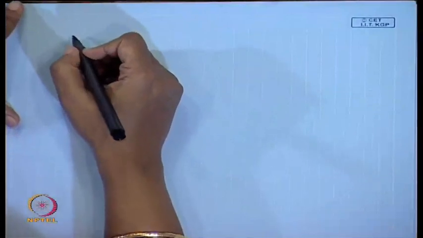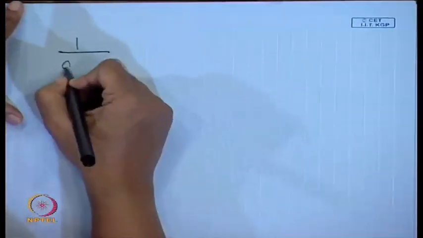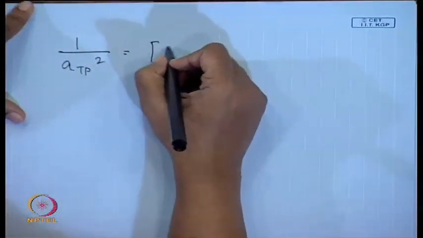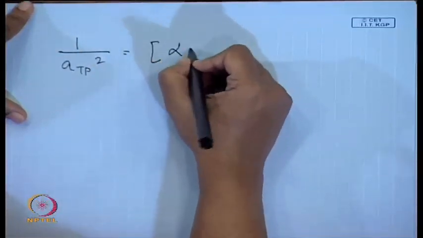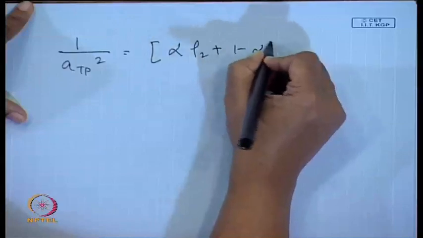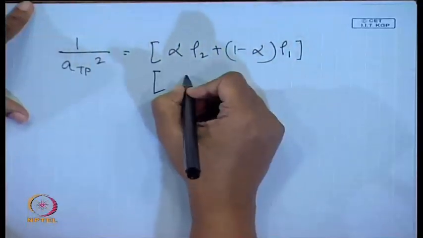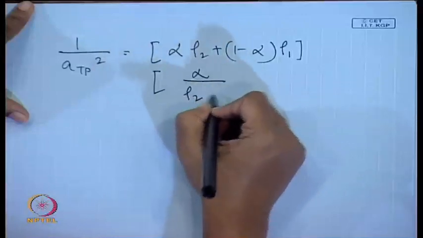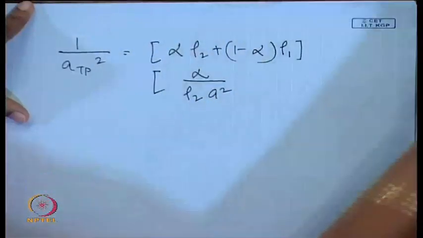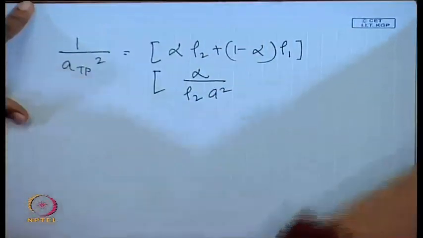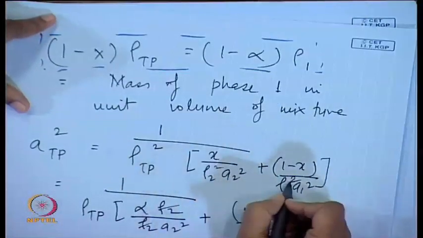So, therefore, I get say 1 by A T p square, that is alpha rho 2 plus 1 minus alpha rho 1 into alpha by rho 2 A 2 square. Sorry, there were squares here.